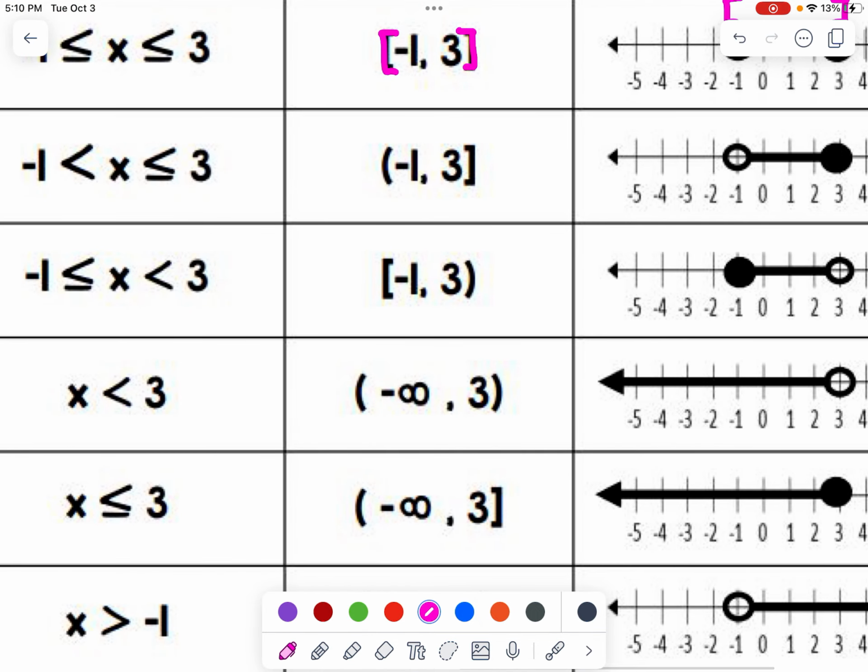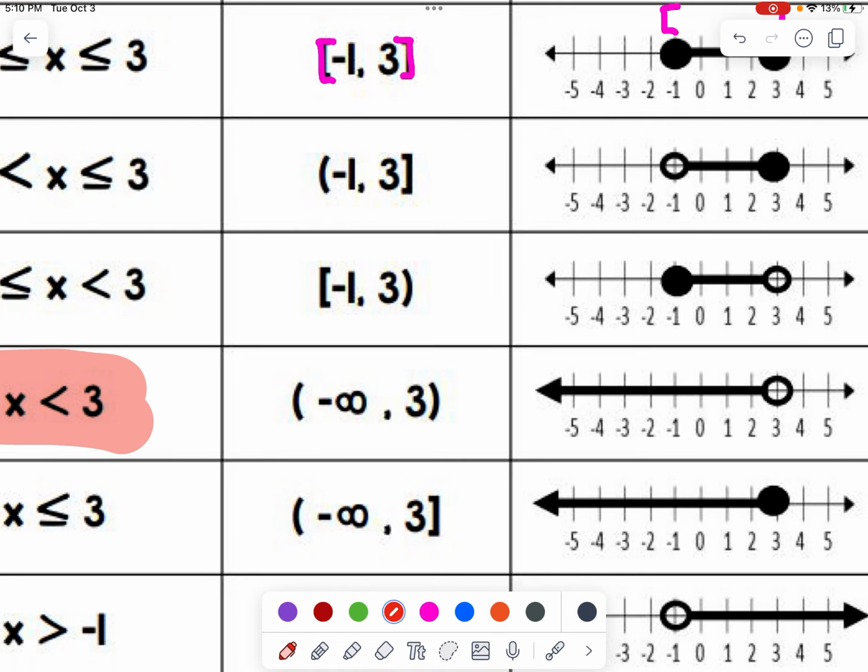With infinity, let's look at one of these. X is less than 3, so 3 is going to be a parenthesis. We can write this right on top of the number line to figure out the interval. Now, this left side is going into the negatives forever: -6, -7, dot, dot, dot.